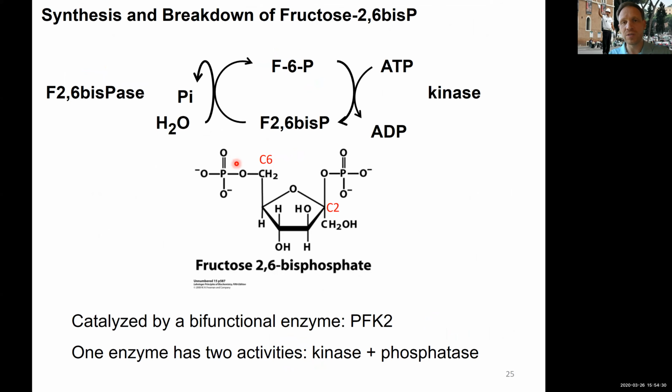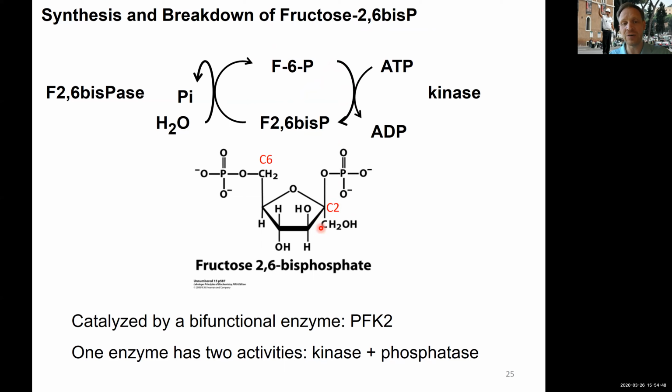This is what it looks like and how it's produced, right? We're actually using our glycolytic intermediate fructose 6-phosphate. We're using a kinase, but this is a kinase that now specifically attaches the phosphoryl group at C2 and not at C1 right here.